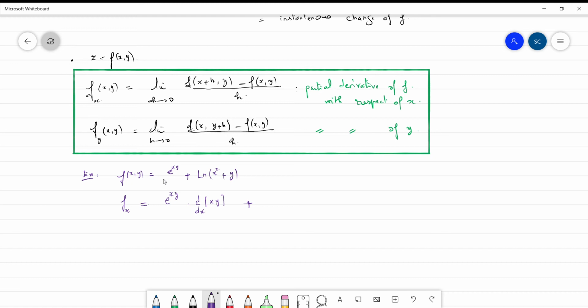The derivative of ln is 1 over the inner quantity, x squared plus y, times the derivative with respect to x of that inner function. So the first term gives e to the xy times y, since y is like a constant and the derivative of x is 1. Plus 1 over (x squared plus y), and here the derivative of y is 0 because it is like a constant, and the derivative of x squared is 2x. So this is how we proceed.